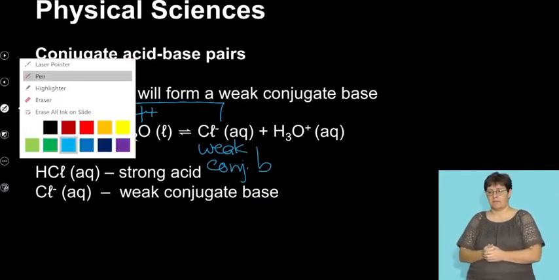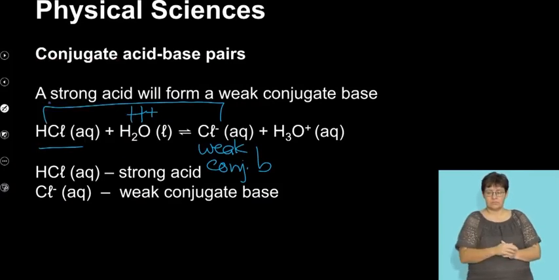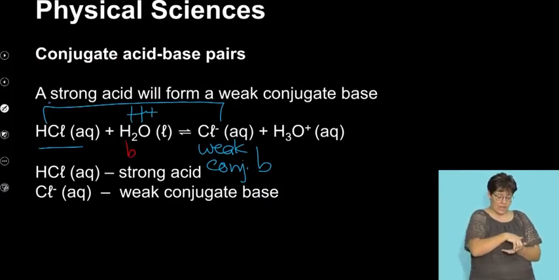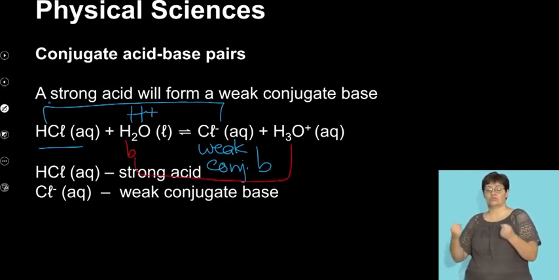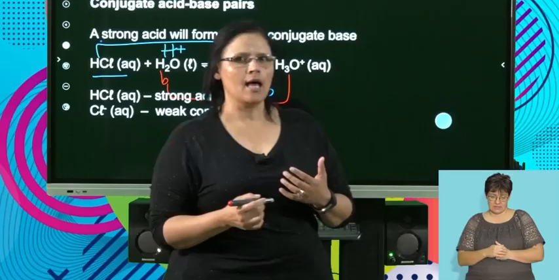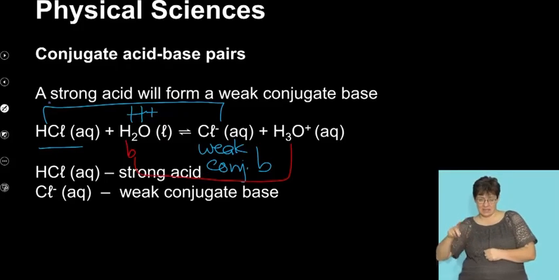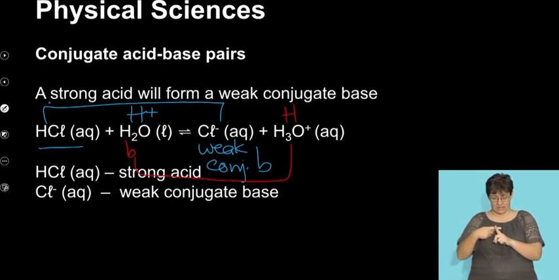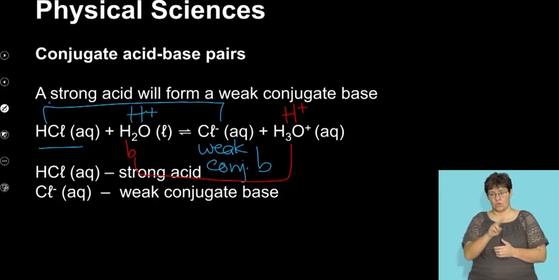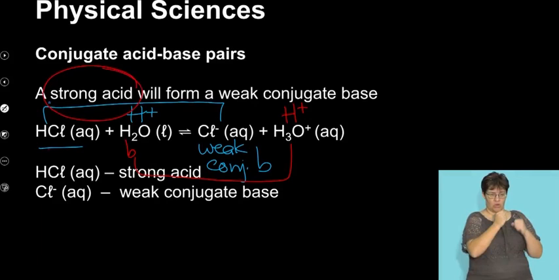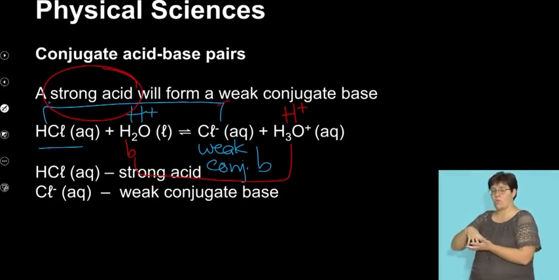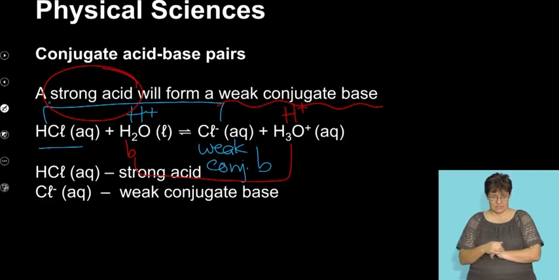But when we look at the water, which is in this case a weak base, this weak base will form a strong conjugate acid, the hydronium ion, which is a hydrogen ion or a proton different from the water. So when we look at hydrochloric acid, it is a strong acid. A strong acid will always form a weak conjugate base.